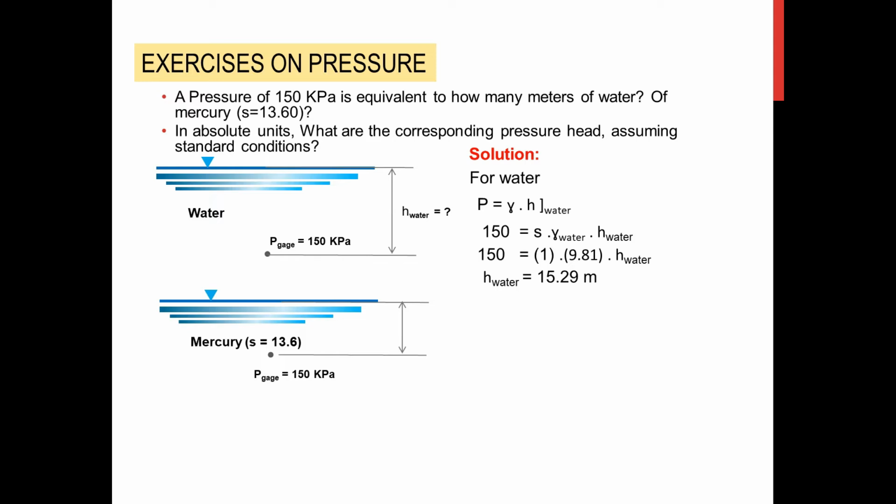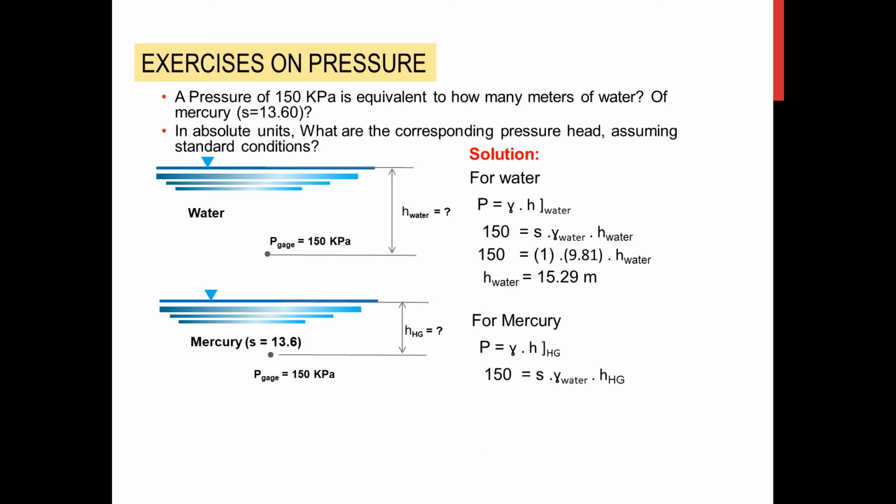We need to satisfy an equivalent height of water to that of mercury to attain a pressure of 150 kilopascals. So what would be that height of mercury? For mercury, again, we write the equation gamma H, this time for mercury.